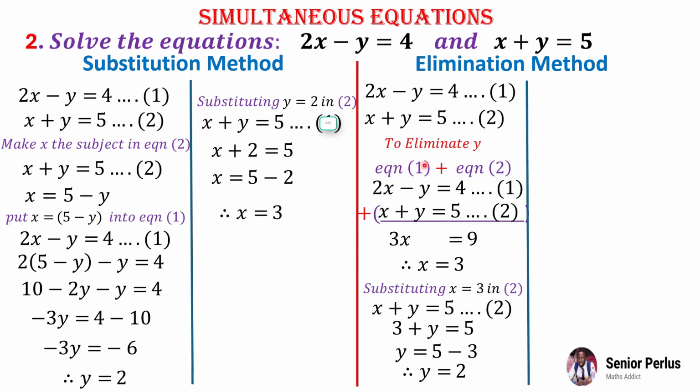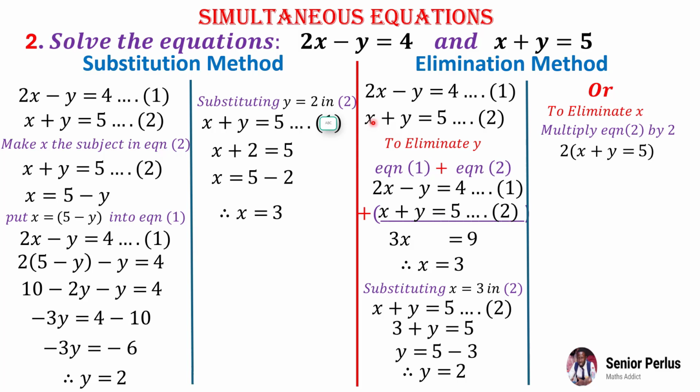Or if you still want to use the elimination again, you don't want to substitute this one, or you want to use the elimination. For me to eliminate s here, I have to multiply equation 2 by 2.